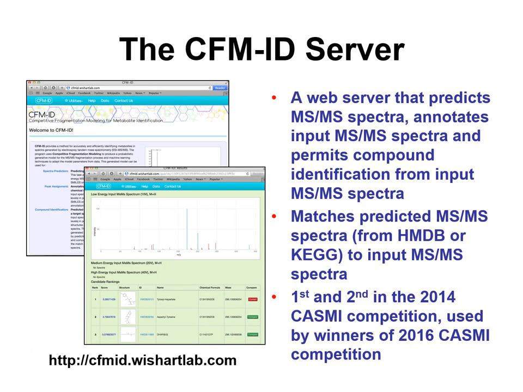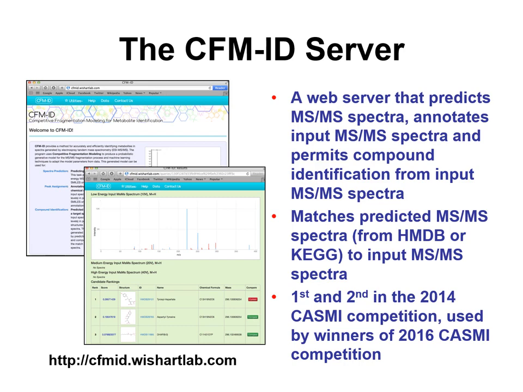Now, CFM-ID is available as a server, and it does several things. It can take a compound and predict the tandem MS spectra. It can also take experimentally collected MS spectra and annotate those peaks, identifying the individual fragments. And it can also take tandem MS spectra and identify a compound.